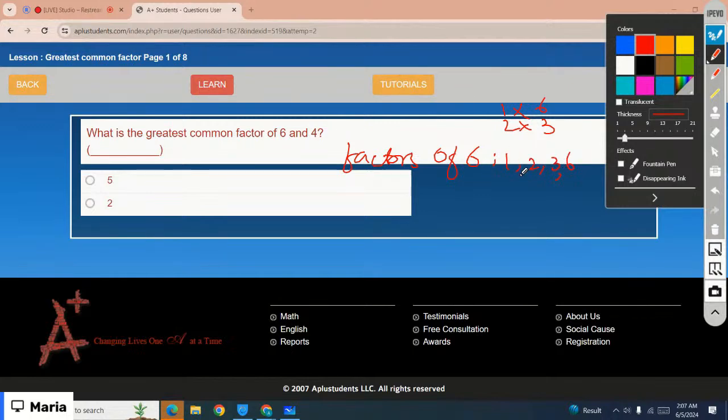Got it? Now write down the factors of 4. They are 1, 2 and 4.